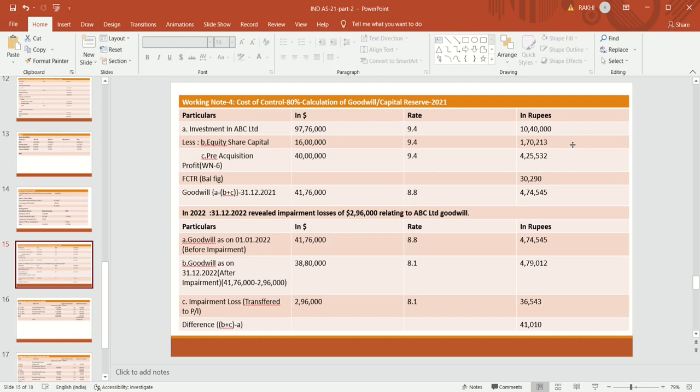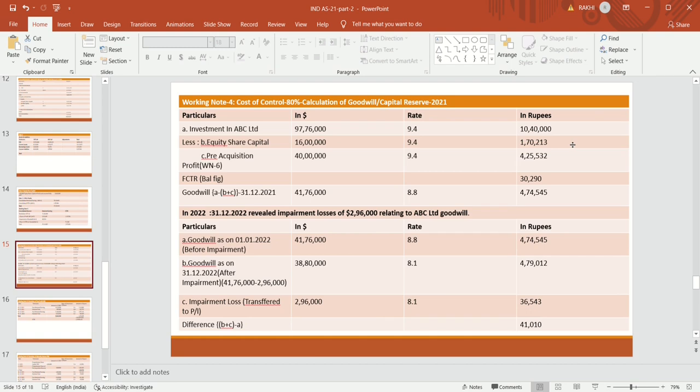So as on 31st December 2022 the goodwill will be 4,79,001, and impairment loss is 2,96,000. It is also said in the question that it will be calculated at the closing rate. So we will take the closing rate, that is 36,543, and the difference is that of foreign exchange fluctuation, and that is to be recognized in FCTR.